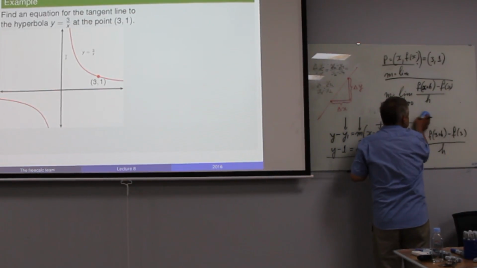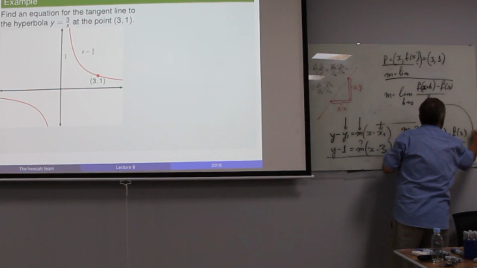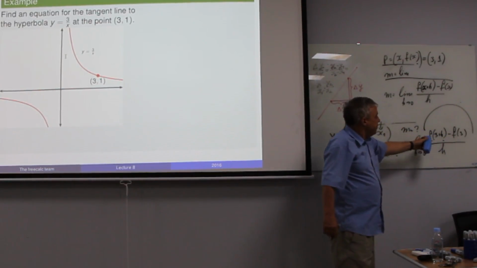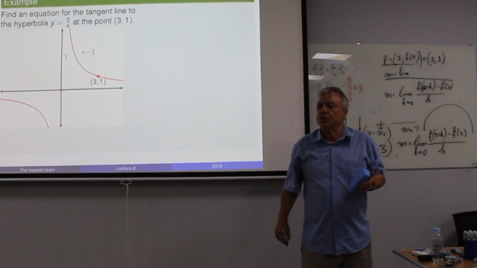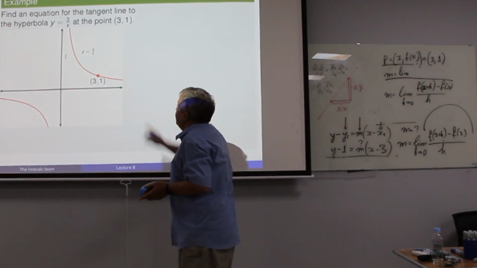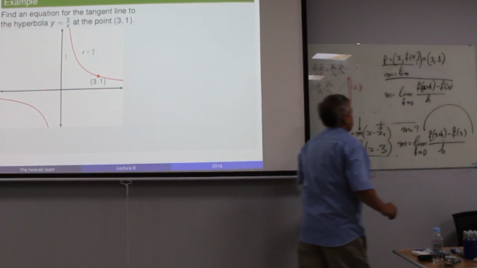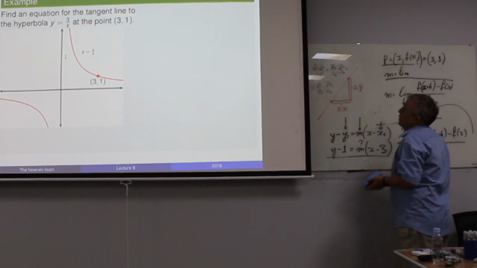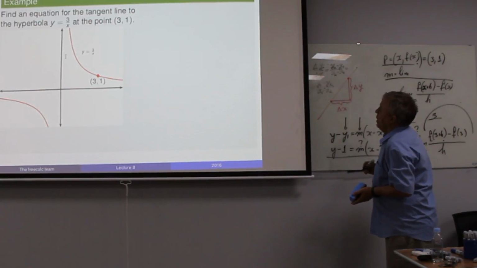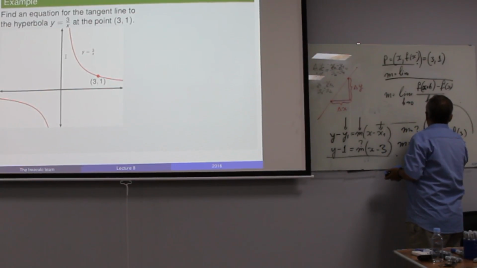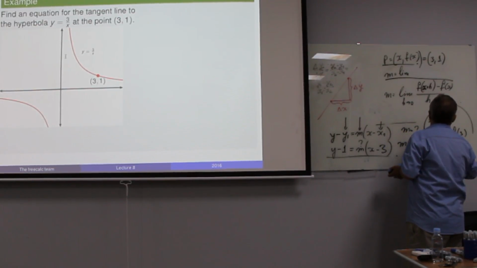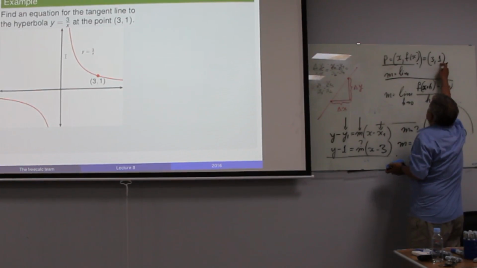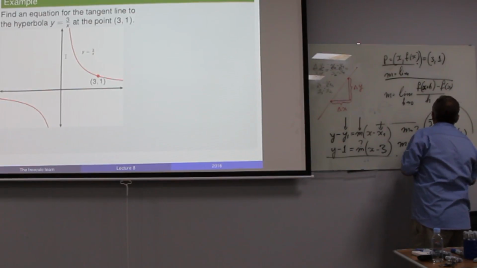I'm going to put it here on the top. So how much is f of 3 plus h? I'm going to take the function which is 3 over 3 plus h, minus f of 3. But I already know how much is f of 3, 1.